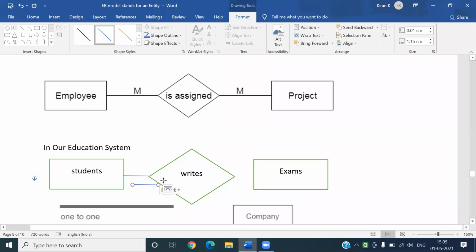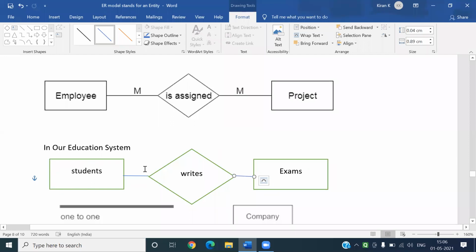One exam, in both the cases, you take the students community, one student writes many exams. Similarly, you take one instance from exams, my dear friends. One exam can be attended by many number of students.